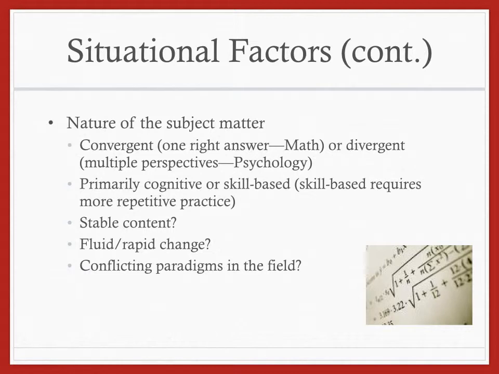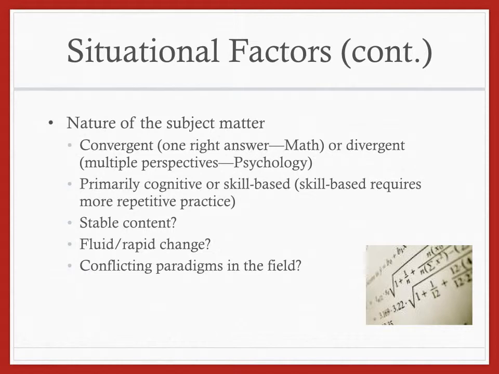There are certain ways to do injury assessment. We may have multiple ways of doing rehab, so that might be the divergent. Is this class going to be primarily a cognitive course, which would be more in our didactic classrooms, or in our lab settings, skills-based in the psychomotor area?